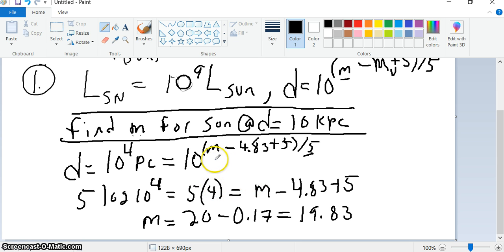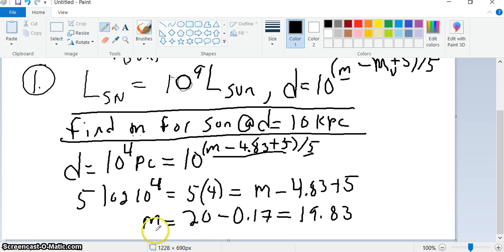And remember, all of this stuff comes out of the exponent when you take the logarithm, and so it's little m minus the absolute magnitude of the sun plus 5, and then you combine these two and bring it over to the other side.